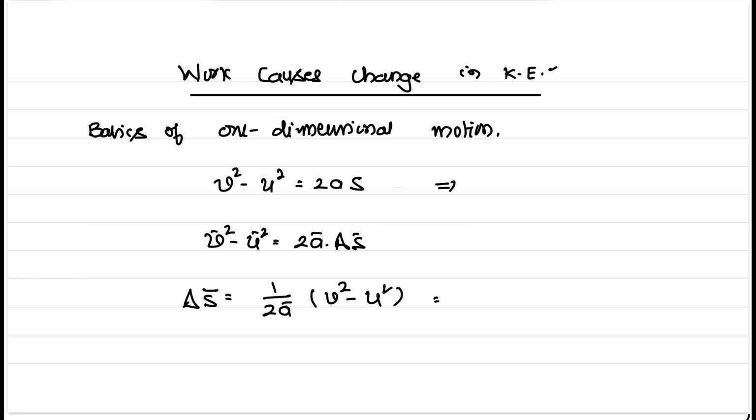That is equal to 1 by 2 into 1 by A into V square minus U square.